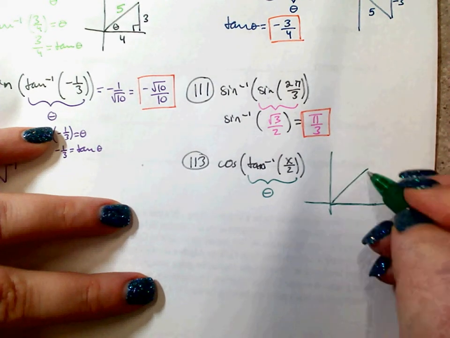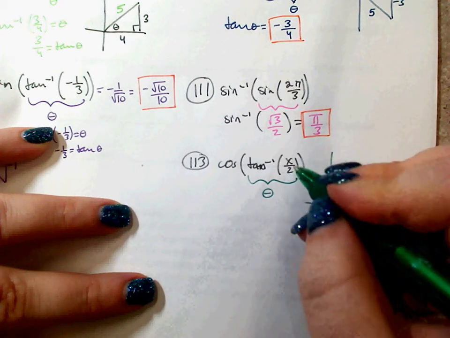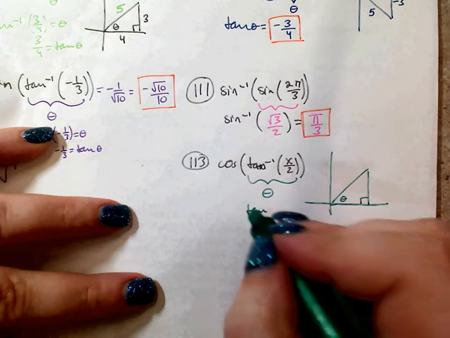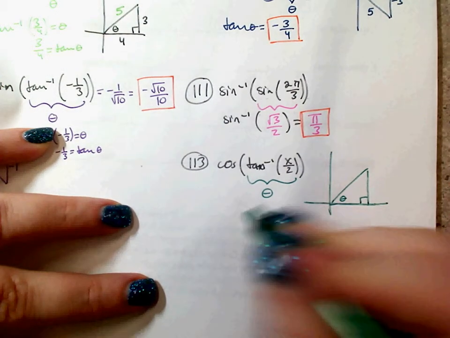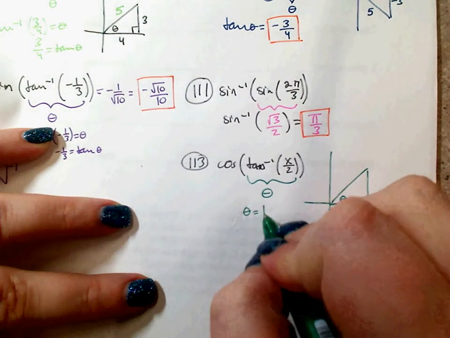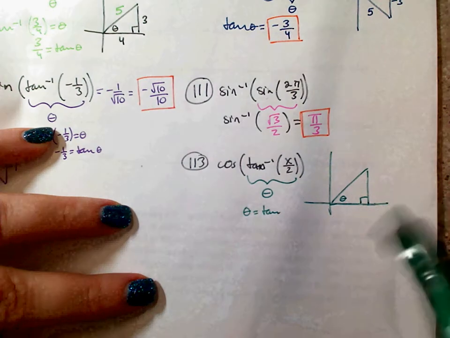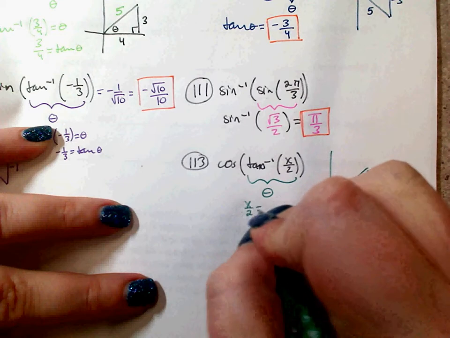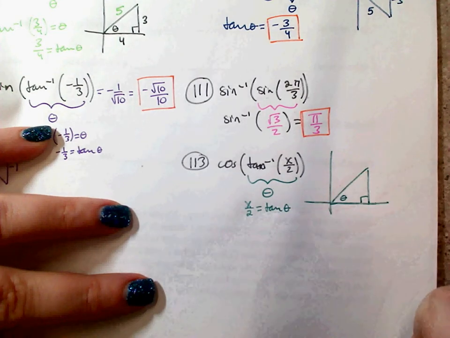So tangent inverse of x over 2 means, let's start with this: theta equals tan inverse of x over 2, so x over 2 equals tangent of theta, right? Tangent is opposite over adjacent, so x over 2.